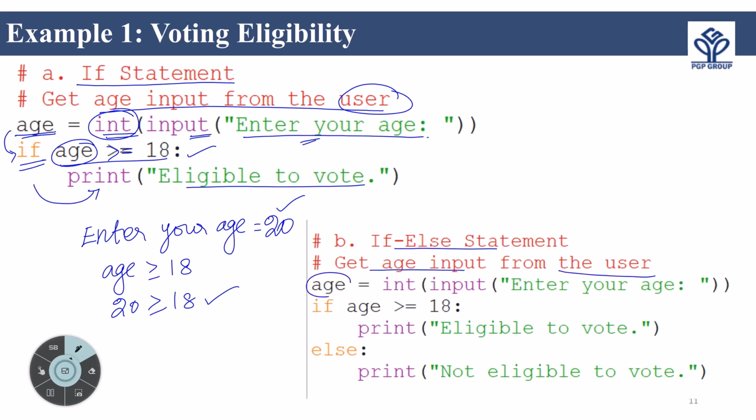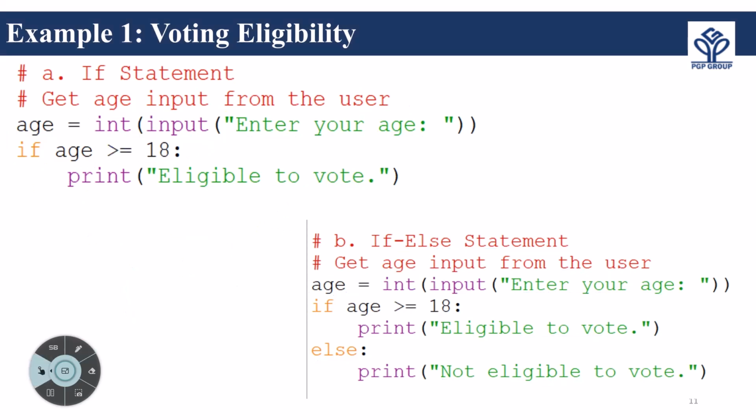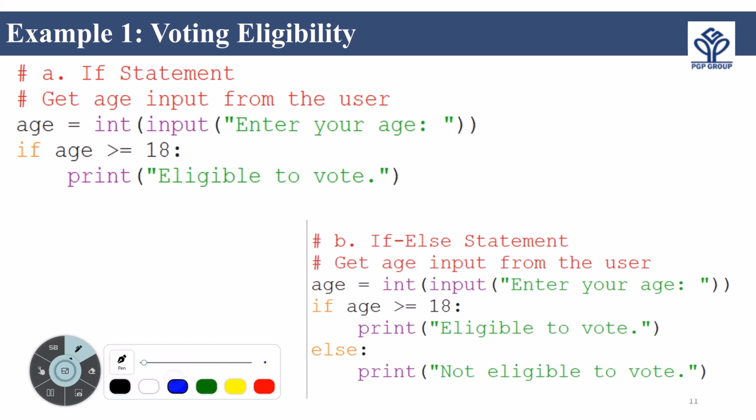Then second one, if else statement. Same as before, get the age input from the user. We assign age is equal to integer data type of input, enter your age. To check the condition, age greater than or equal to 18, print eligible to vote. Otherwise, else, print not eligible to vote. See the example for this one.